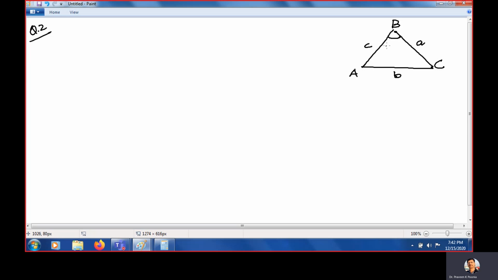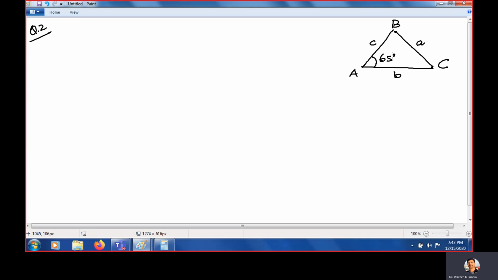This angle is given 123 degree. We will change it. Now we will not take the same value given in the book. So we will take this angle, let us take it as 65 degree.